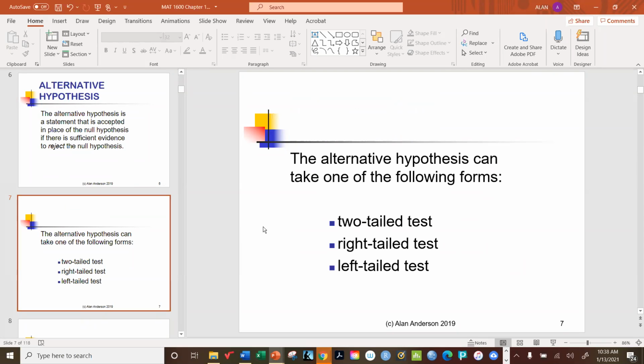But there are 3 possibilities. We're going to call the first one a two-tail test. The second one is a right-tail test, and the third is a left-tail test. You'll see why they have these names in a minute. Okay. So these are the 3 alternatives that we choose. We choose one of these to be the alternative hypothesis, and we'll choose the one based on what we're trying to prove or disprove.